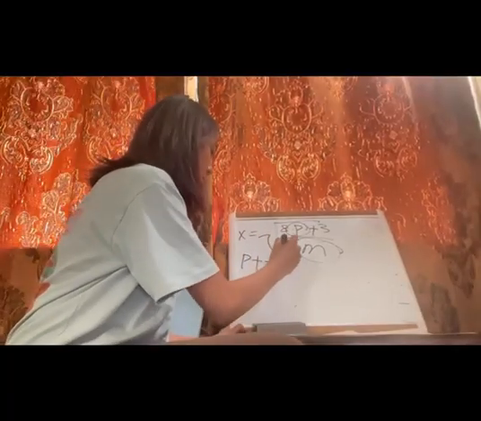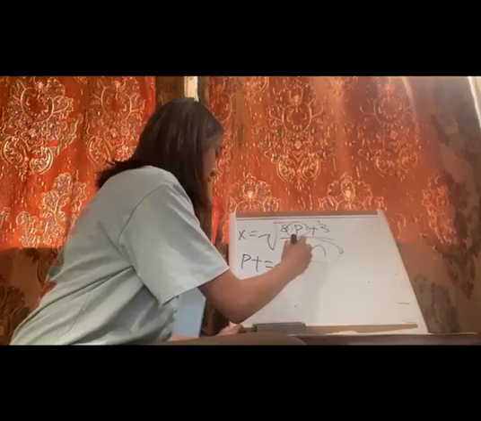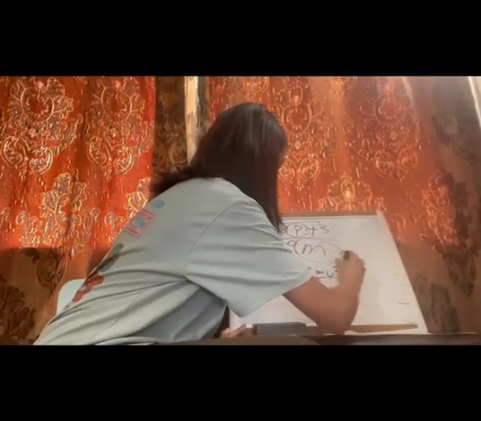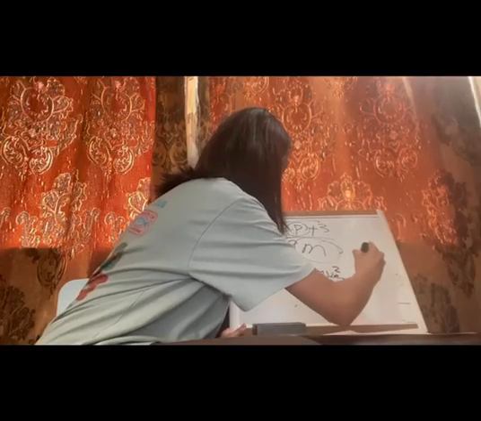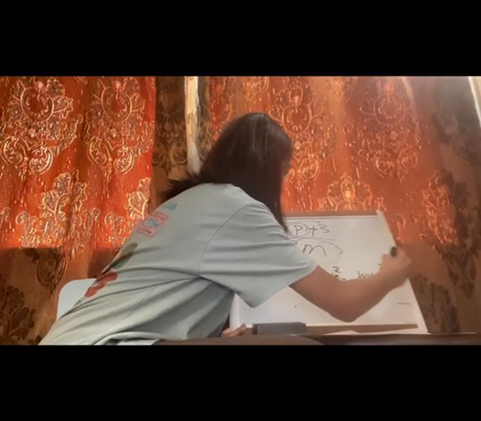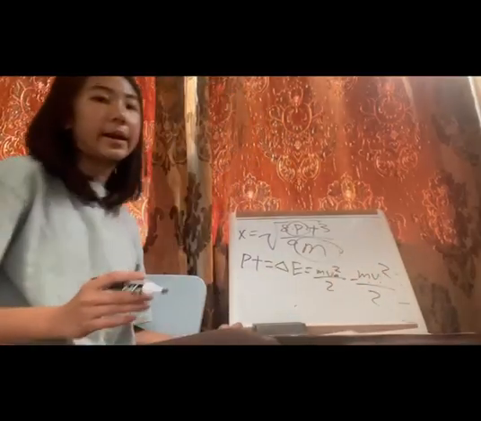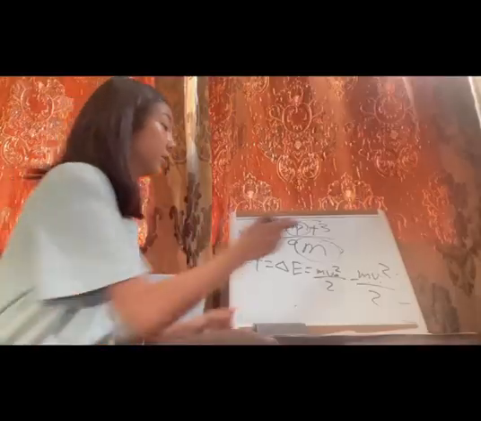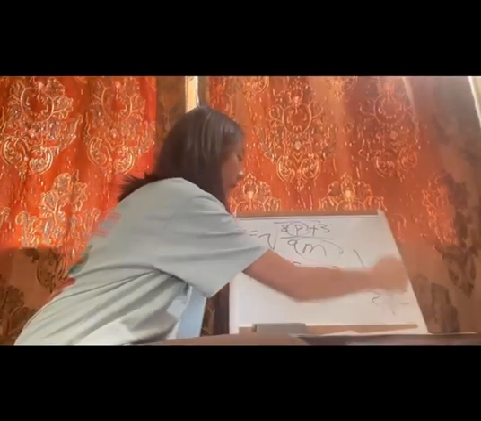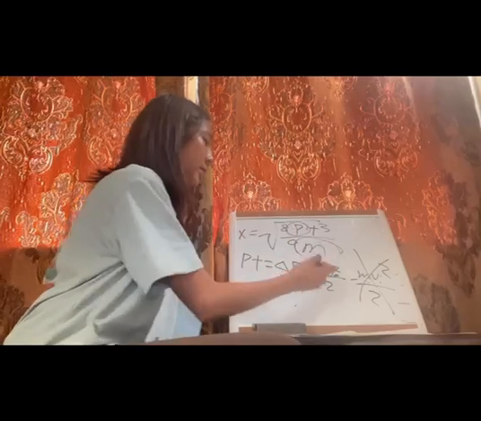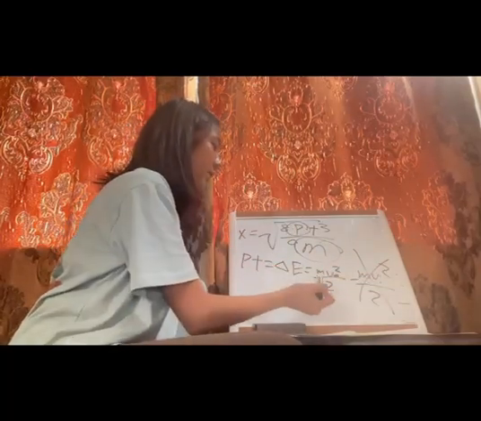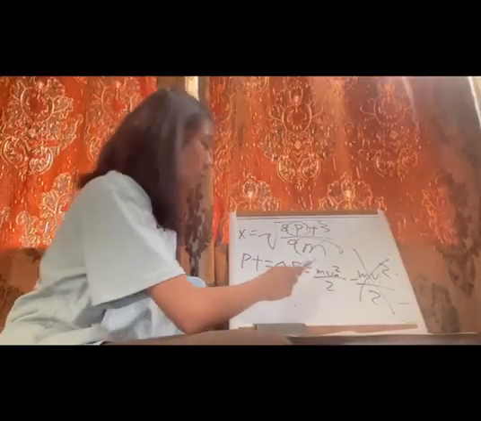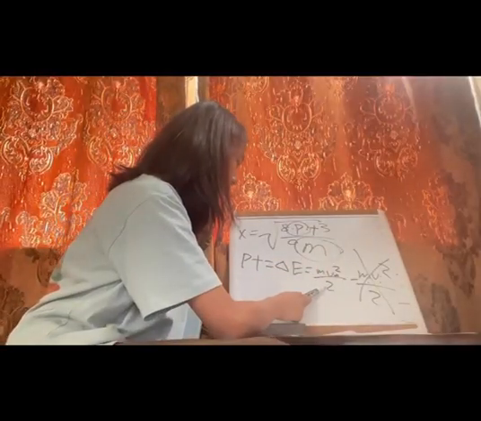Pt is equal to the change of energy, which is equal to m v squared over 2 minus m v initial squared over 2. Since the object starts at rest, the initial velocity is 0, so that entire term is 0. Anything minus 0 is just itself, so we can just kill that. Now we have this equation.